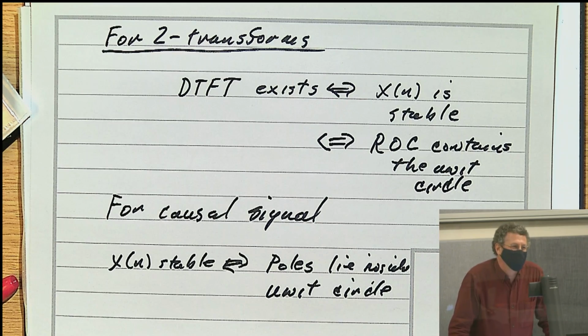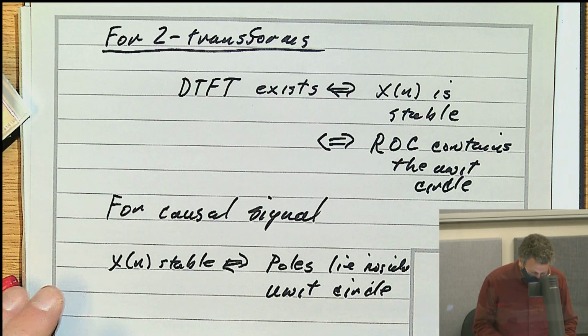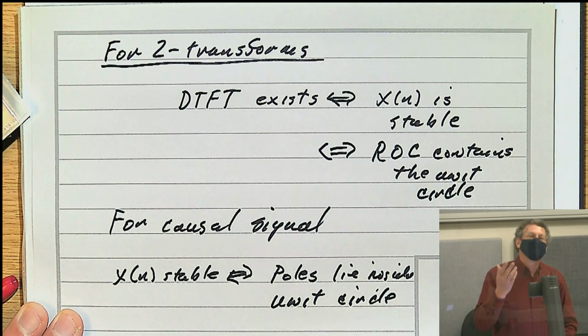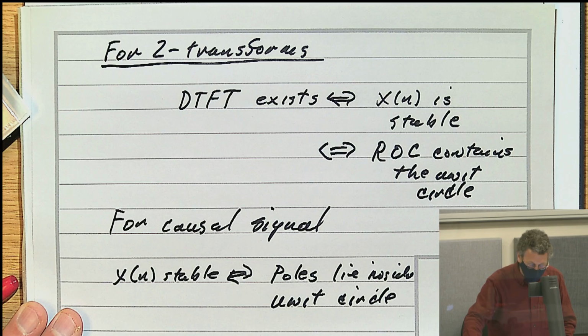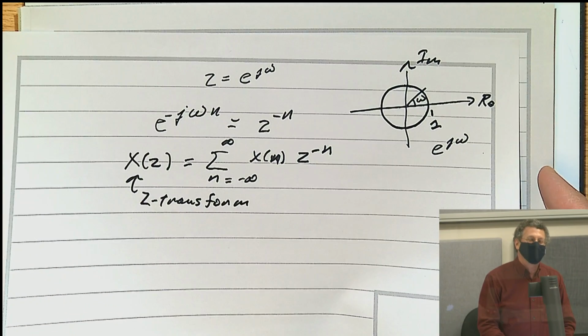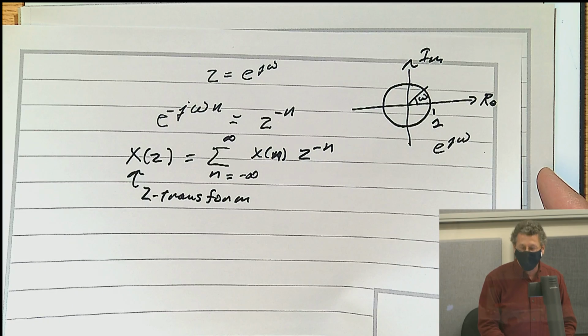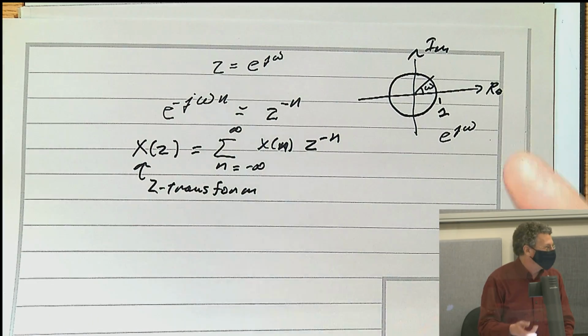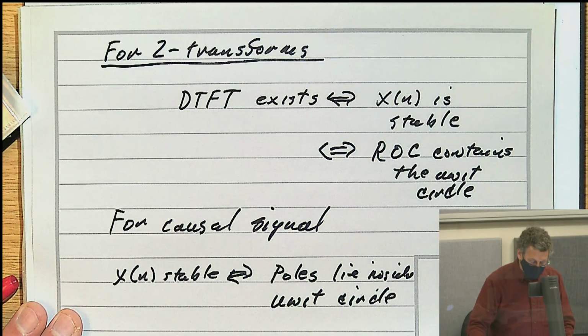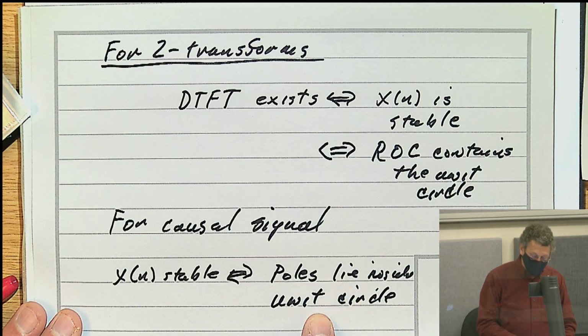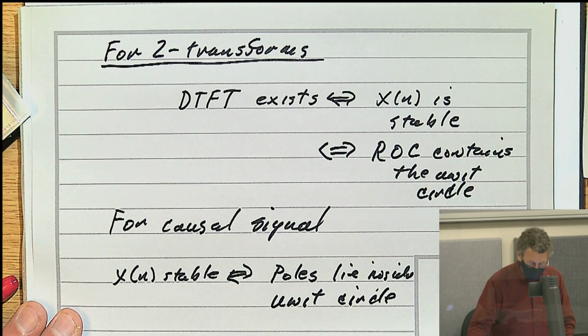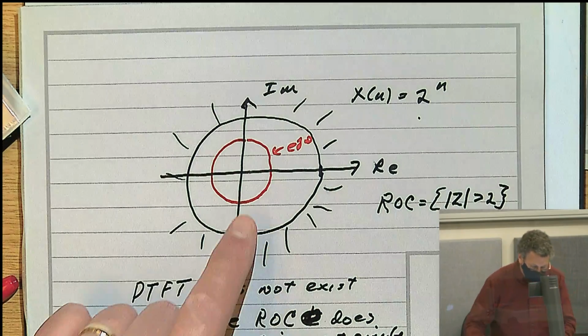Okay. And actually, this is the unit circle, and the reason it's the left-hand side of the plane is because if you do the continuous time case, which is the Laplace transform, then it maps to the left-hand side of the plane. But for a causal signal, it's stable if and only if the poles are inside the unit circle, because the region of convergence always falls outside the poles.